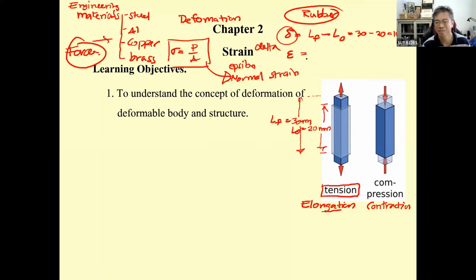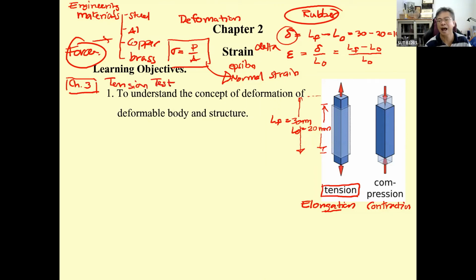Tension produces elongation, and we define the normal strain equal to the deformation divided by its original length, or you may write it as L sub F minus L sub O, divided by L sub O. And in chapter 3, we will talk about the tension test.